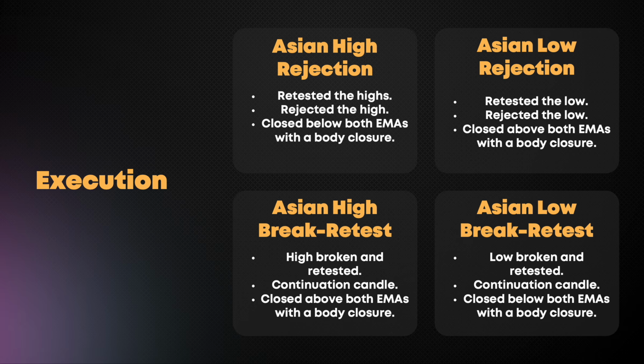Next, execution. You have 4 possible ways to execute into the market: Asian high rejection, Asian low rejection, Asian high break and retest, or Asian low break and retest. These 4 elements are pretty much the only thing in this whole strategy.